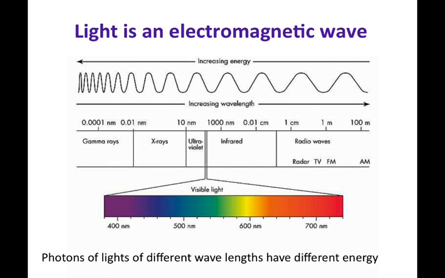So back to physics. If you remember, light is actually electromagnetic energy, and different colors of light have different wavelengths. So if you look at the spectrum of light, this is our visible light. Do you know why that is visible to us?